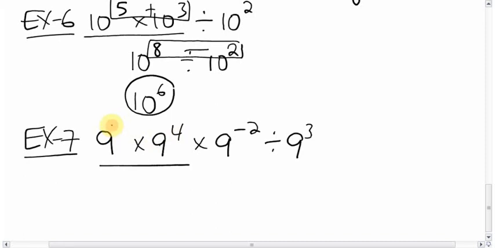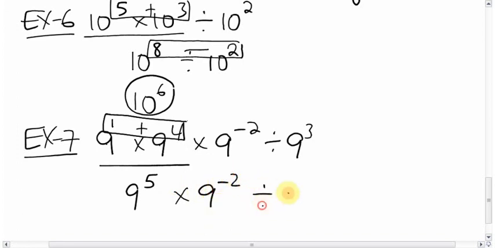And you're looking at this and thinking, oh, there is no exponent. But there is. All digits always have a to the power 1. So what you'll do here is 9, we're multiplying, so we're going to add the exponents. 4 plus 1, 5. Bring down the times and everything else.